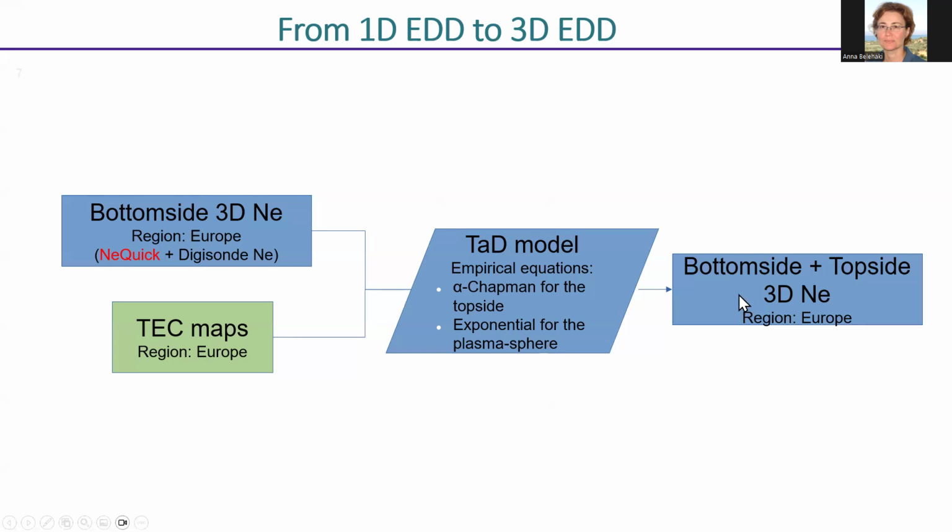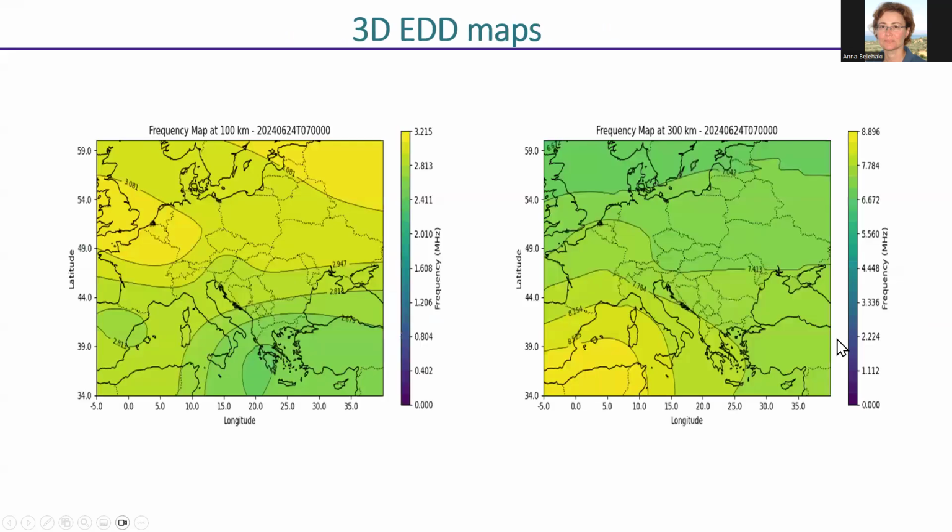And at the end, we derive the electron density for the whole path, which is bottomside and topside ionosphere. Here you can see some maps that we get with this methodology. And this is the map at 100 kilometers and at 300 kilometers for the same time and day.